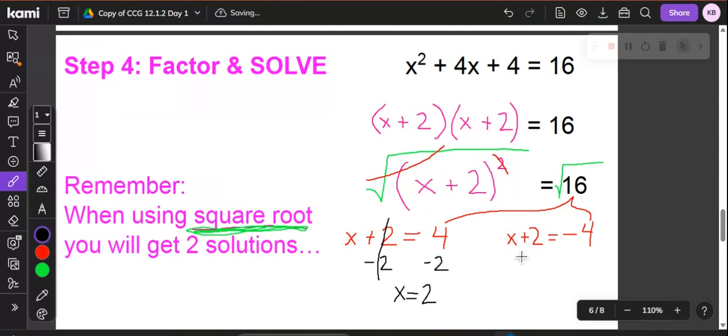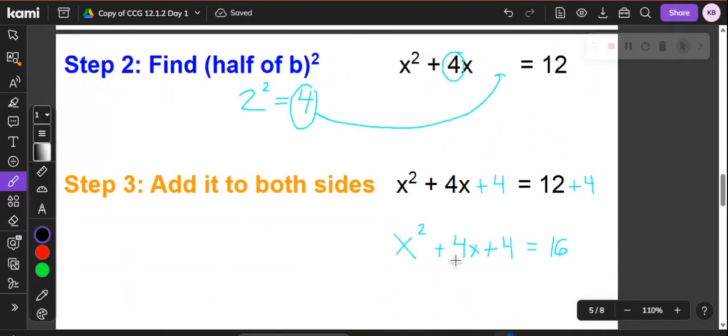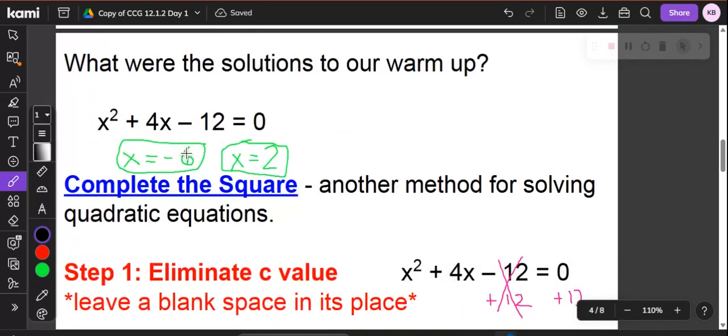And then the other one here, when I subtract 2, negative 4 minus 2 is negative 6. And again, these should perfectly match my previous solutions. Here, x is negative 6 and positive 2. And when I go back up, x is negative 6 and positive 2.